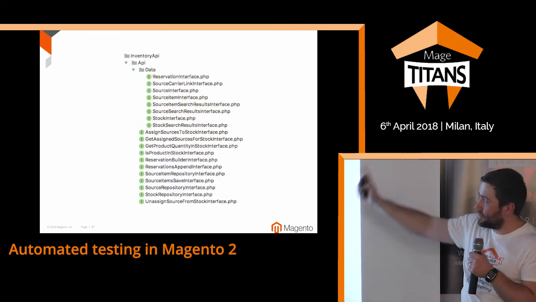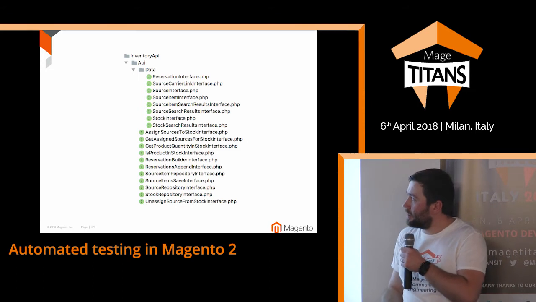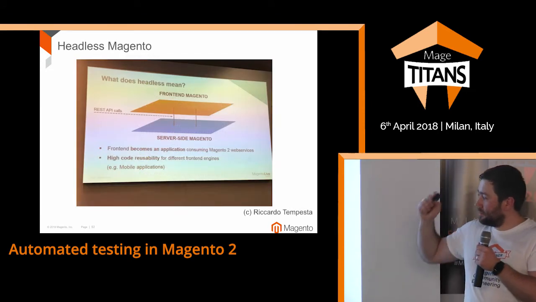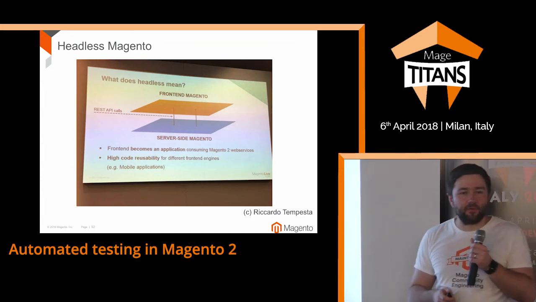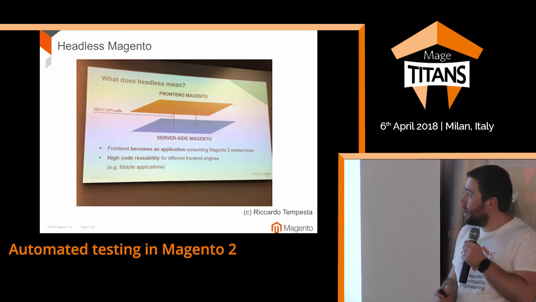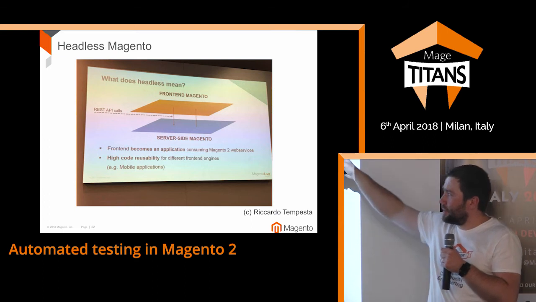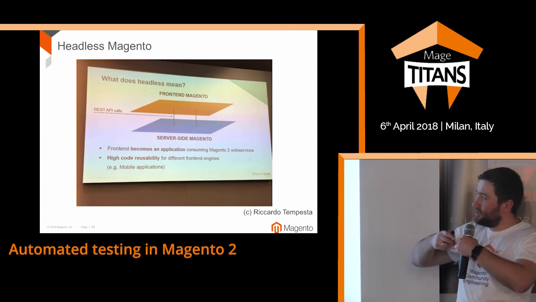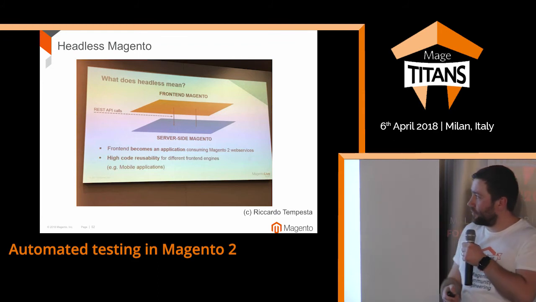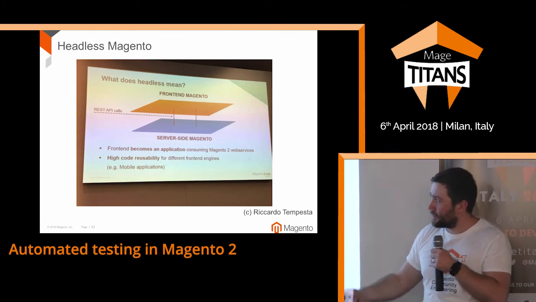And this is how the service layer looks like. Actually, I stole this slide from Ricardo's presentation in London. But this is pretty typical for how Magento is used in integration, when you can segregate a front end out of the Magento server side.